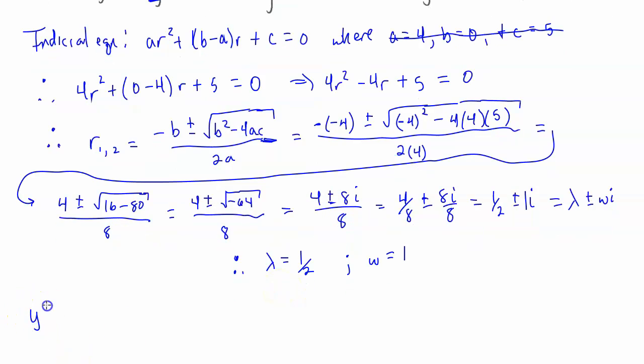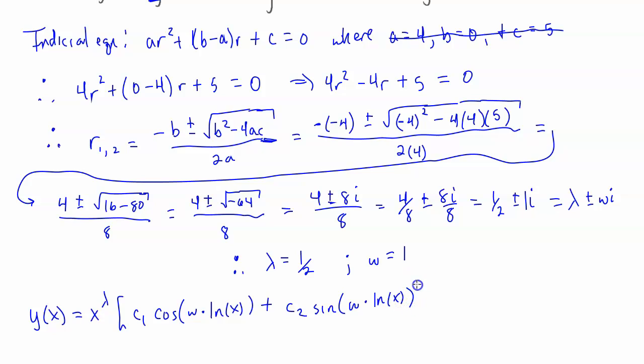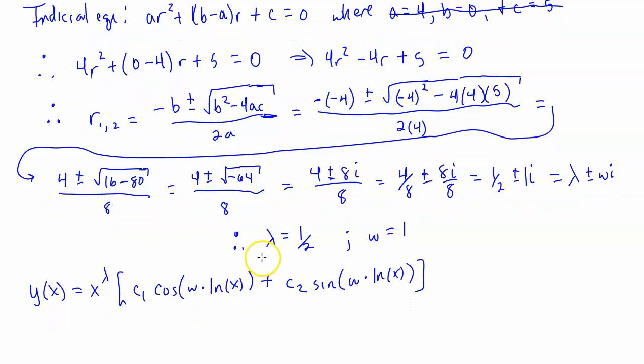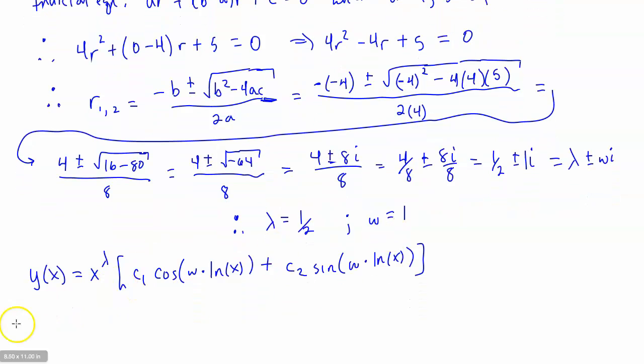And so our general solution here, of course, takes on this form: x raised to the lambda times a linear combination of cosine and sine of omega times natural log of x. And of course, all we do is just plug in.